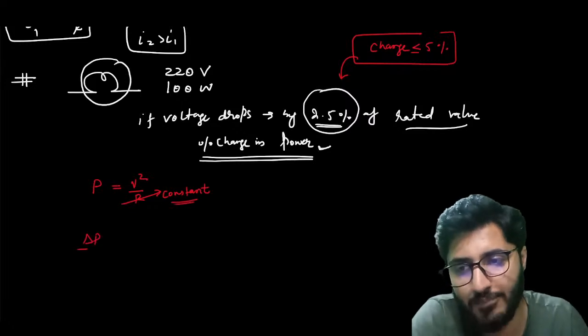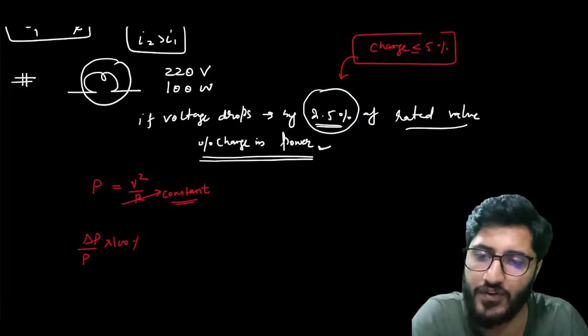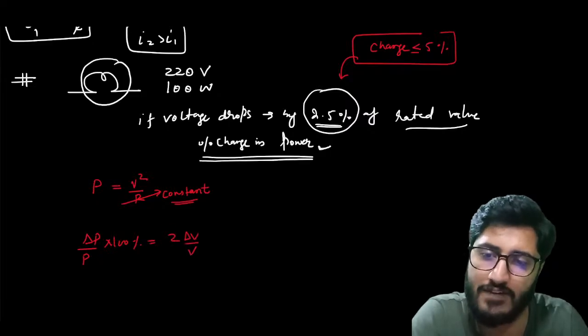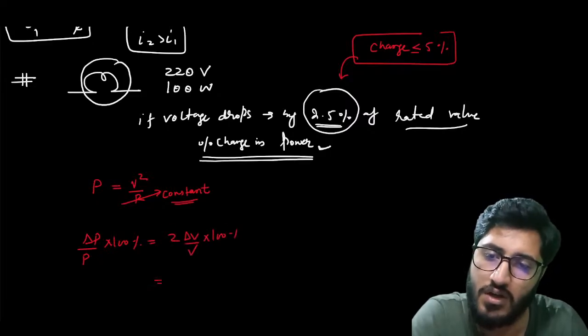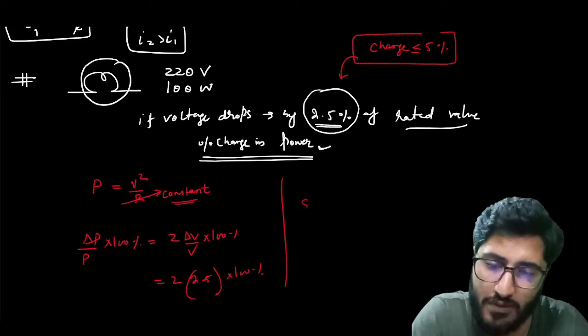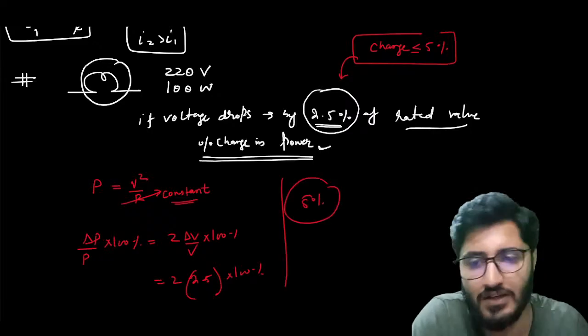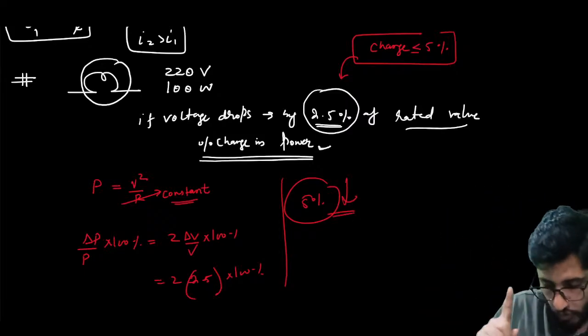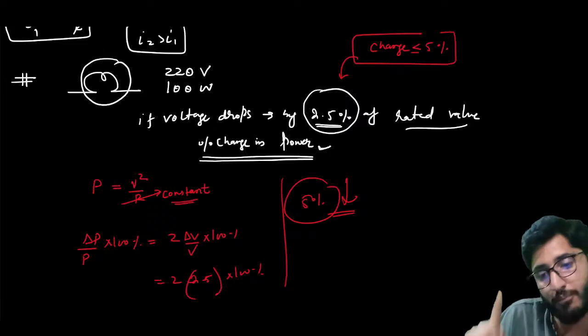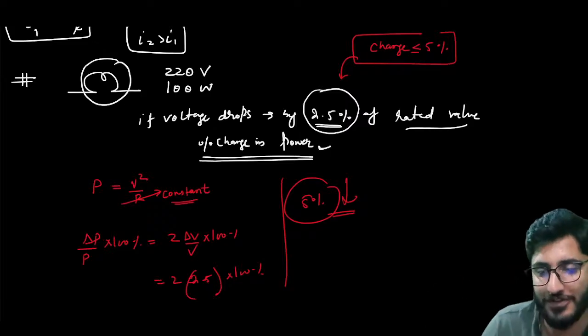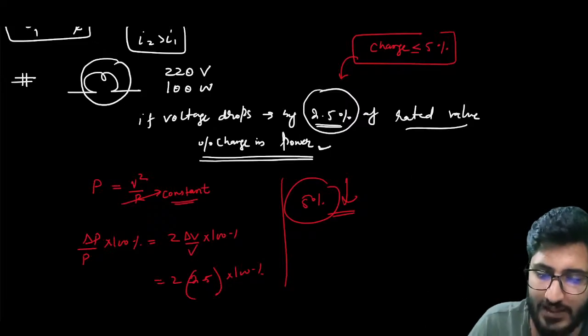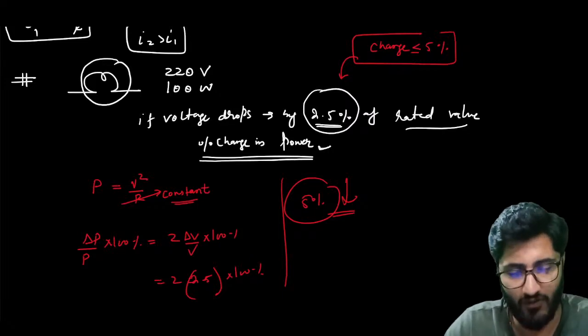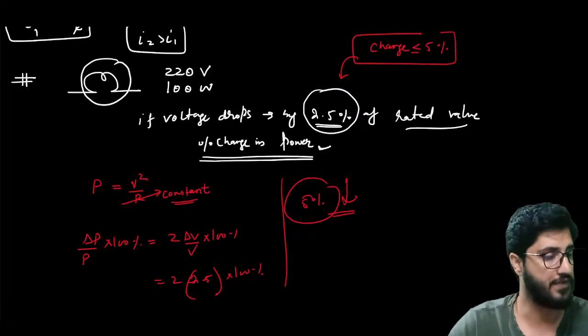I can write delta P by P into 100% equals 2 times delta V by V into 100%. Delta V by V is 2.5%, so I guess your answer came out to be 5%. If your voltage drops by 2.5%, your power will decrease by 5%, double of the initial value.